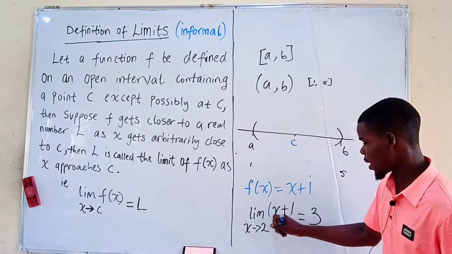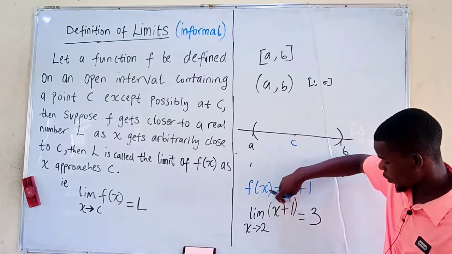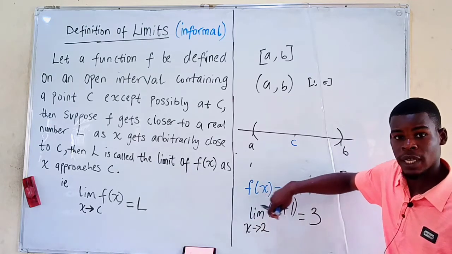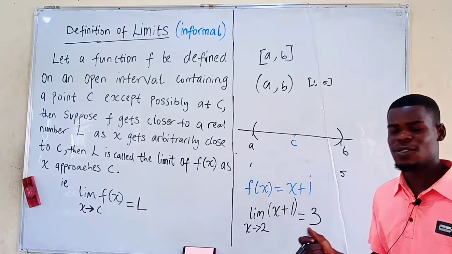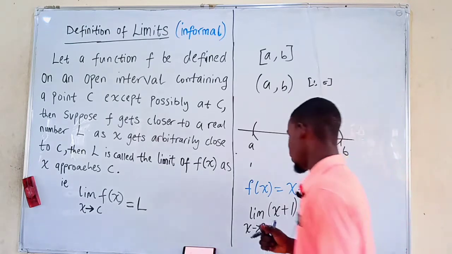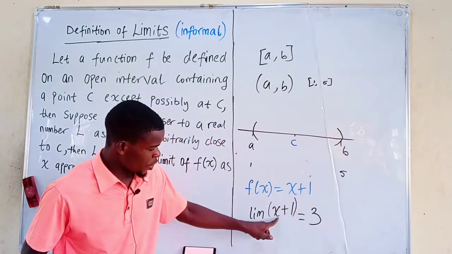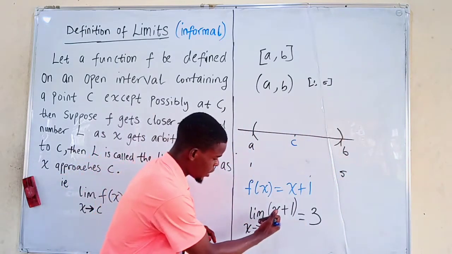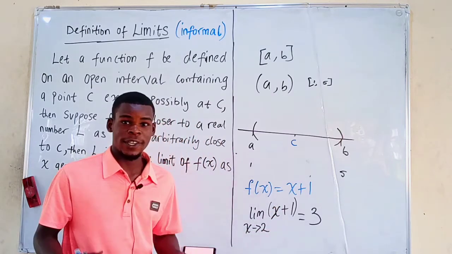So we can put it down as: the limit of x plus 1 as x gets closer to 2 is equal to 3. You can just do this by substitution because this is a polynomial function. If you plug in 2 in place of x, that will be 2 plus 1, which gives us 3.